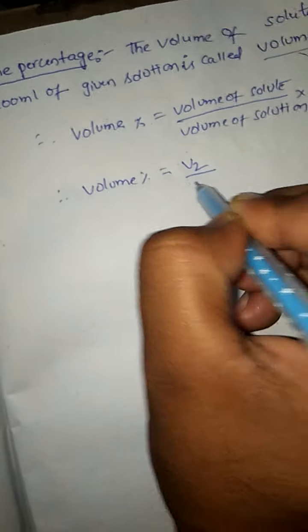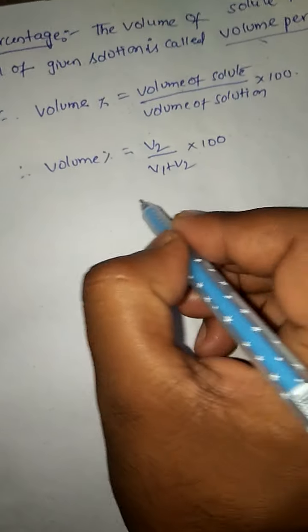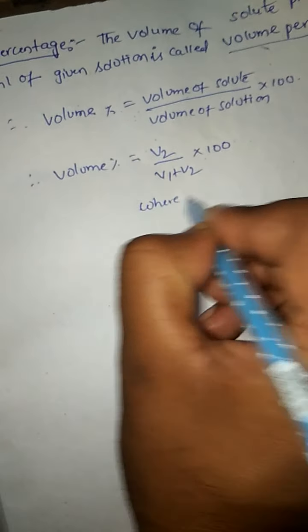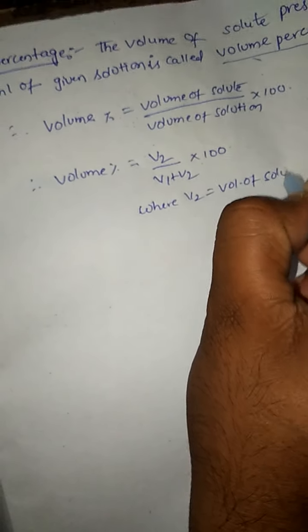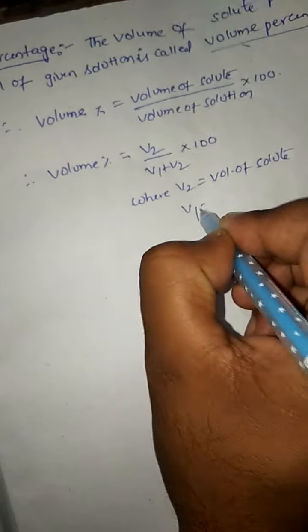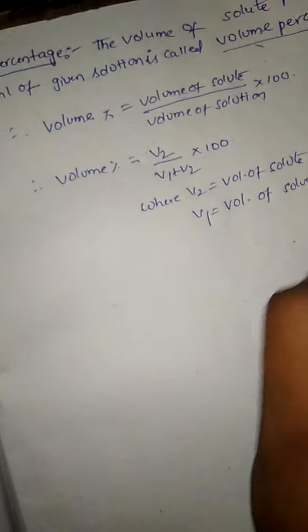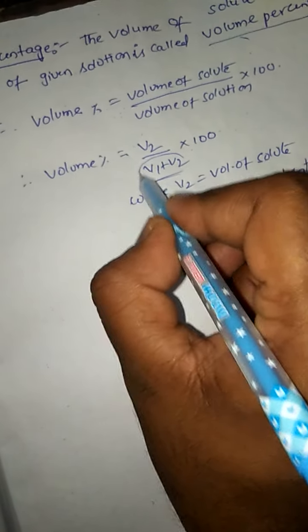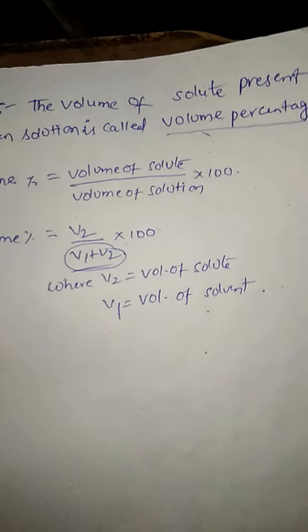Therefore, volume percentage equal to V2 by V1 plus V2 into 100, where V2 equal to volume of solute, V1 equal to volume of solvent, so V1 plus V2 equal to total volume of the solution. So this is volume percentage.